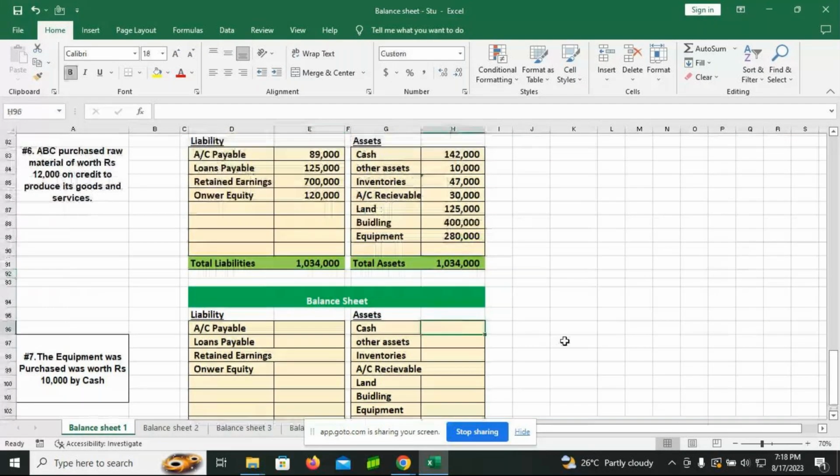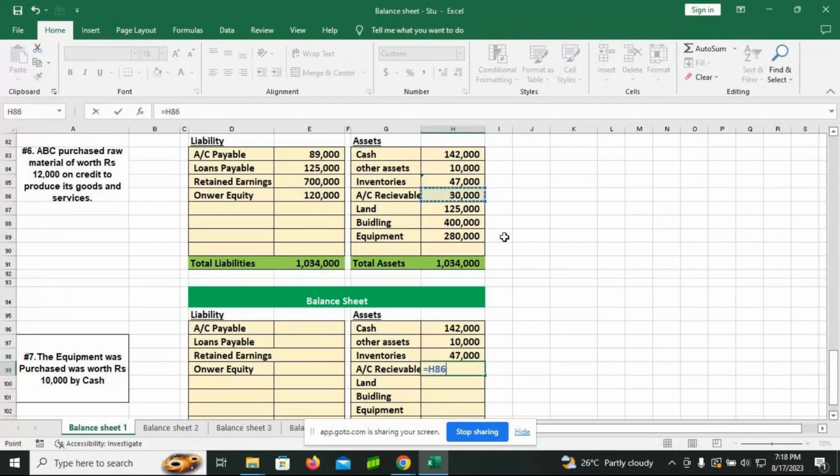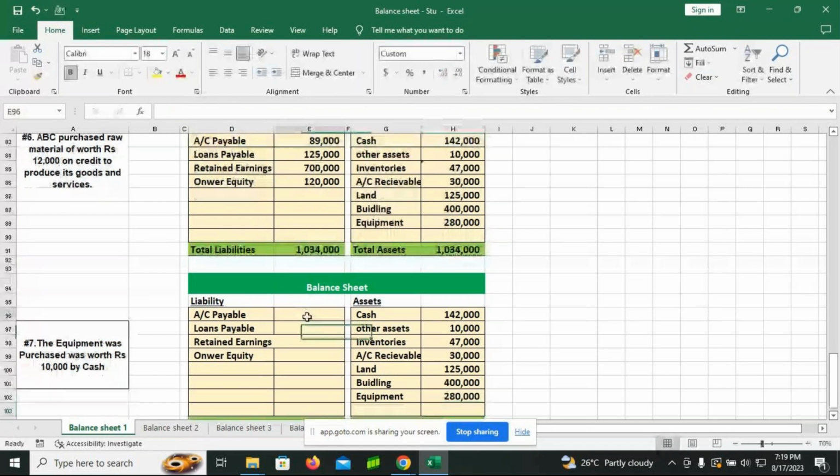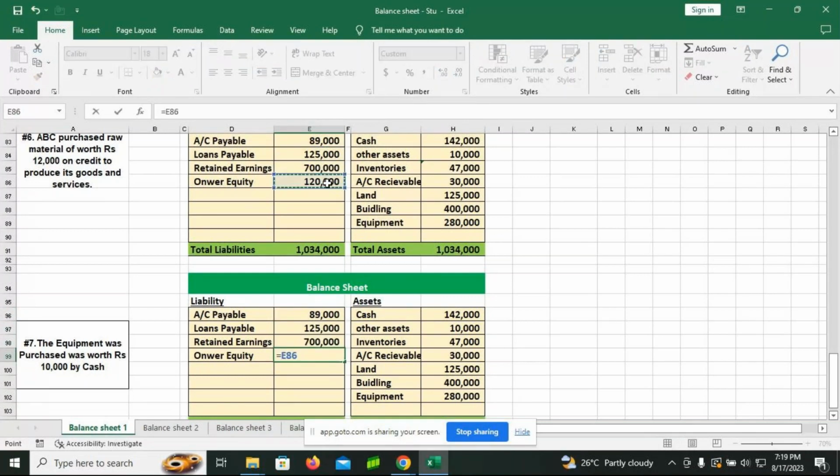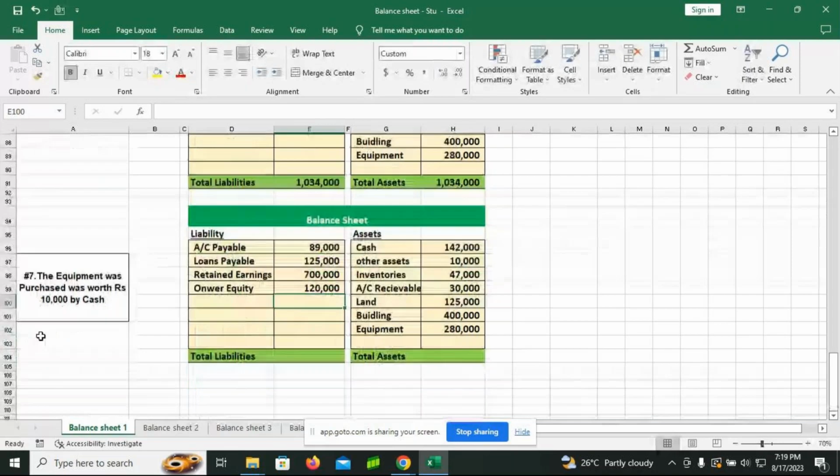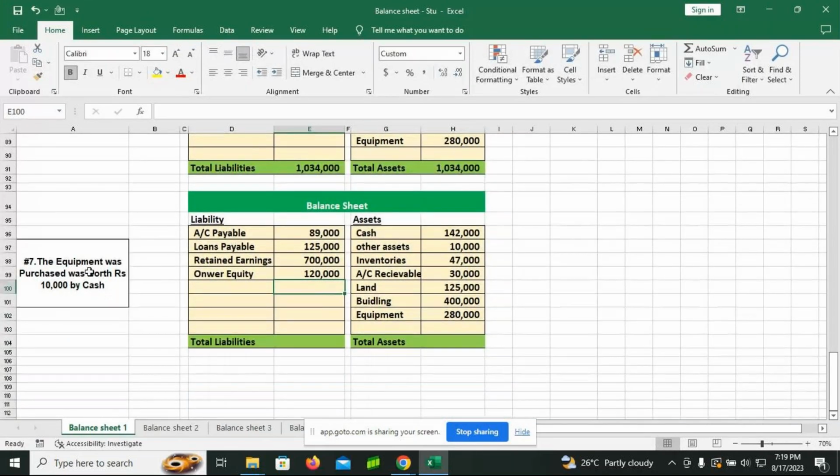So cash equals 1,42,000, 10,000, 47,000, 30,000. Land, building, equipment. So here account payable, loans payable, retained earnings, owner's equity. Now here they are telling the equipment was purchased worth rupees 10,000 by cash.